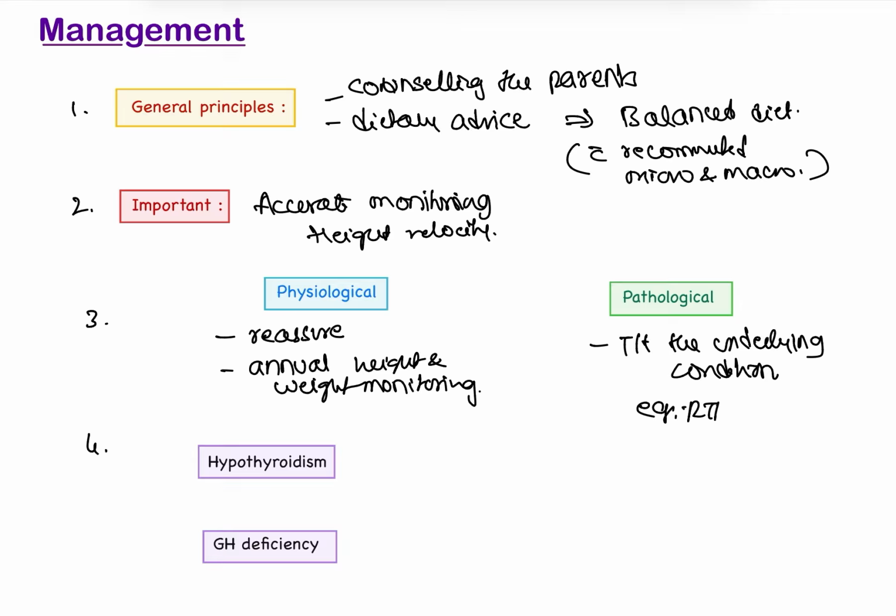Examples, renal tubular acidosis or celiac disease. If there is hypothyroidism, we have to give levothyroxine replacement. If there is growth hormone deficiency, we have to give subcutaneous injections of growth hormone.